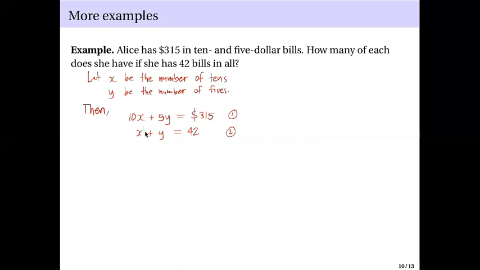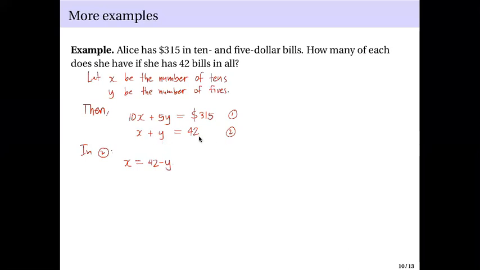Let us use substitution. We can write x in terms of y immediately in equation 2. So x is equal to 42 minus y.